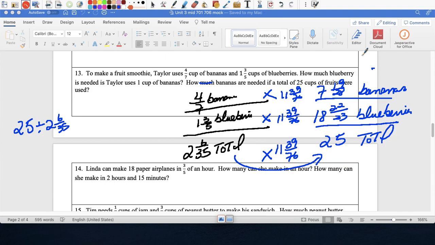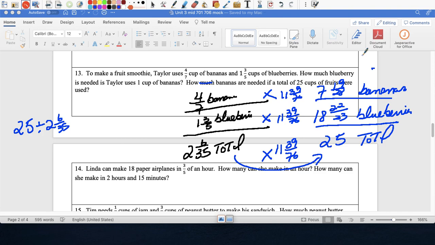Let me just make sure I do this correct. So we get 7 19 over 28 plus 18 22 over 23. These are not pretty numbers. Did I add this correct?